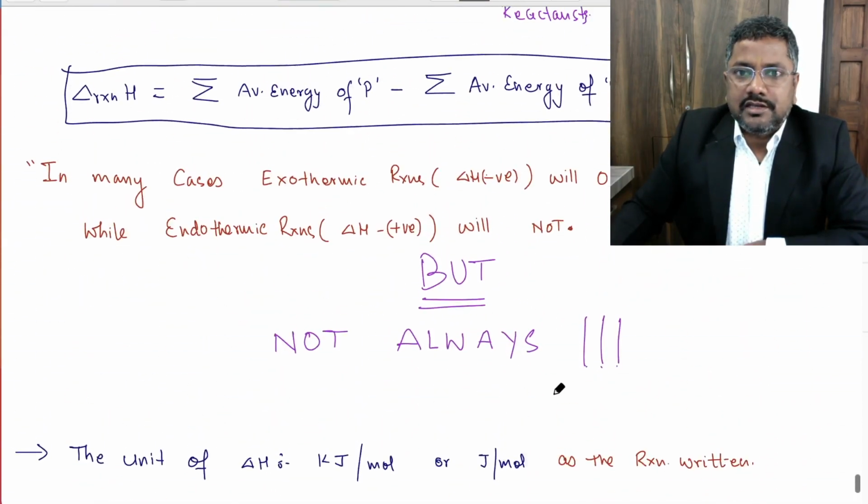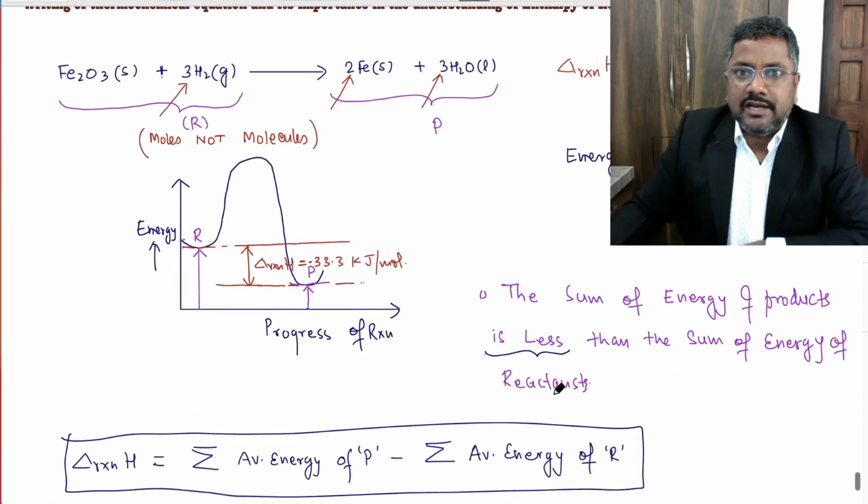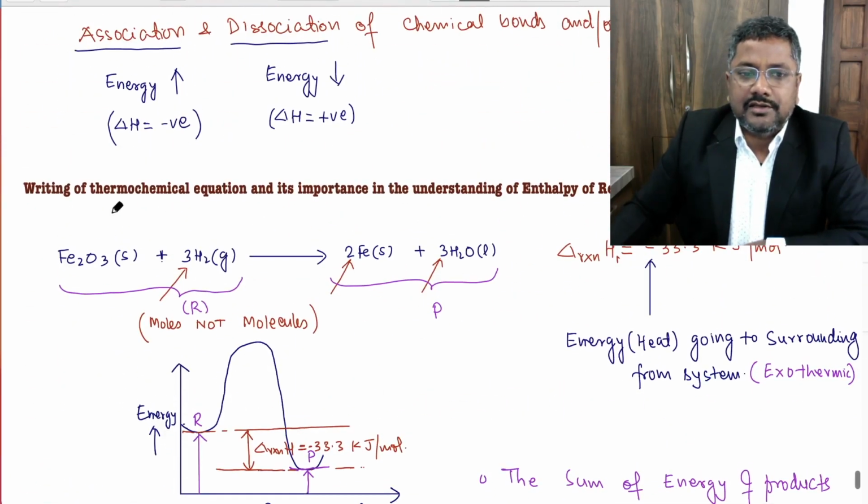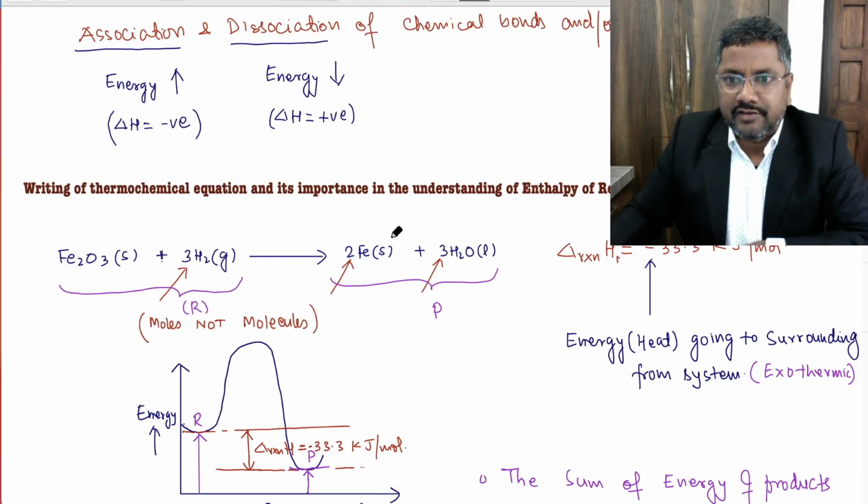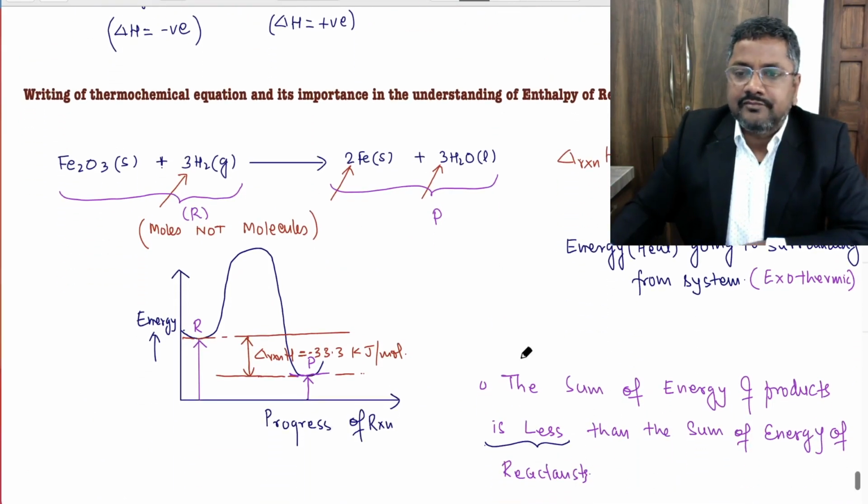So this is the importance and the feature of the thermochemical equation and understanding of the enthalpy of reaction. Hopefully all of you are clear about the meaning of the unit kilojoules per mole. This per mole is not any one individual reactant or product. This is per mole of the reaction as written, right?